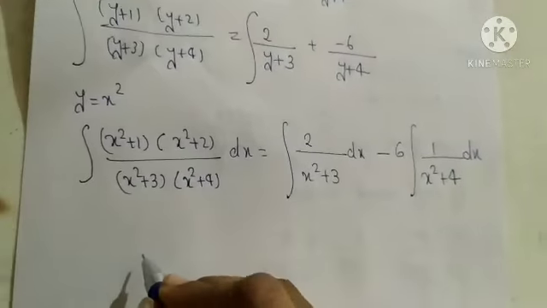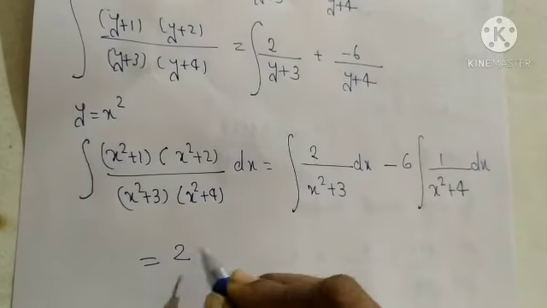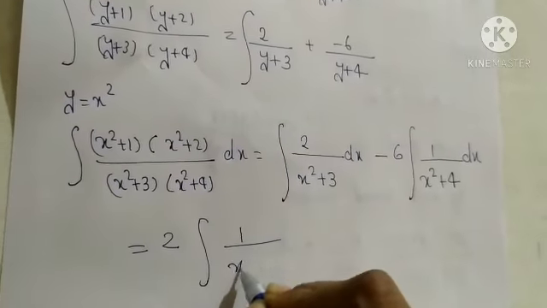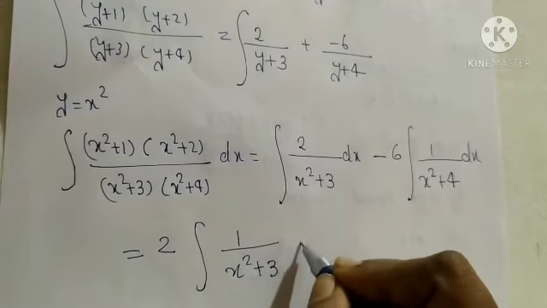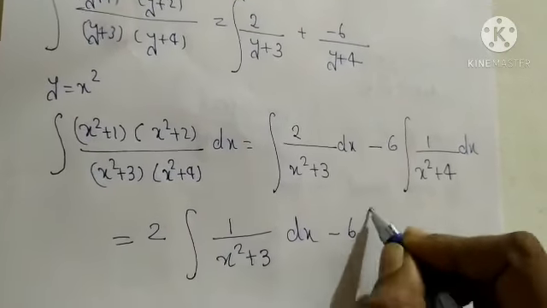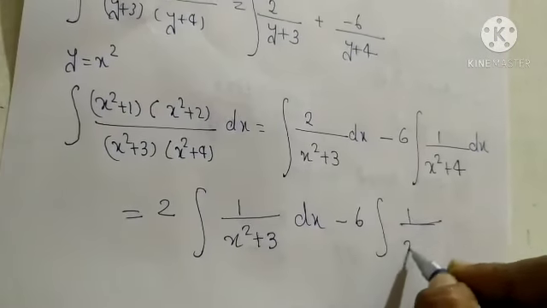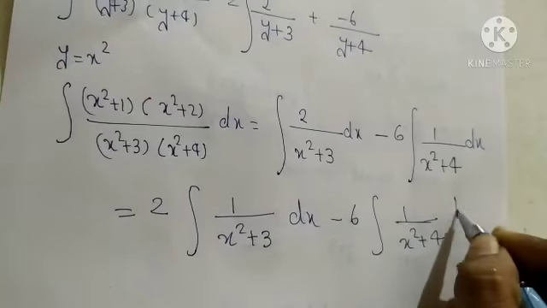Okay, so this is equal to 2 is constant, integral of 1 divided by x square plus 3 dx minus 6 integral 1 divided by x square plus 4 dx.